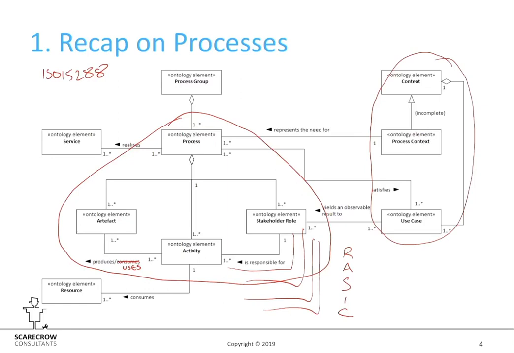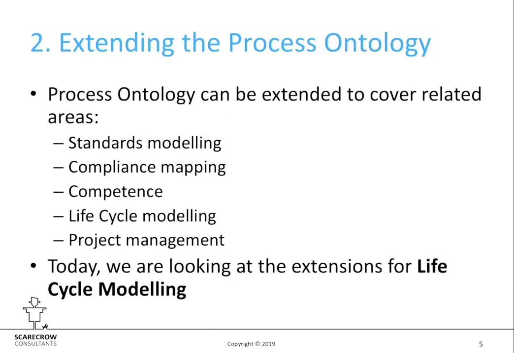So that process ontology and the concepts around it can be extended to cover a number of related areas. It can be directly extended essentially to cover standards modelling and compliance mapping.